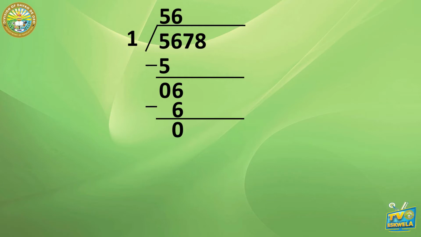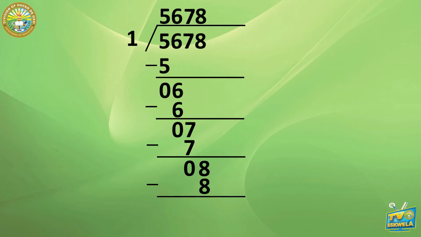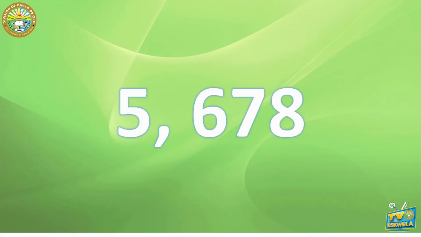Bring down 7. 7 divided by 1 is 7. 7 times 1 is 7. 7 minus 7 equals 0. Bring down 8. 8 divided by 1 is 8. 8 times 1 is 8. 8 minus 8 is 0. Therefore, we have 5,678 as our answer.